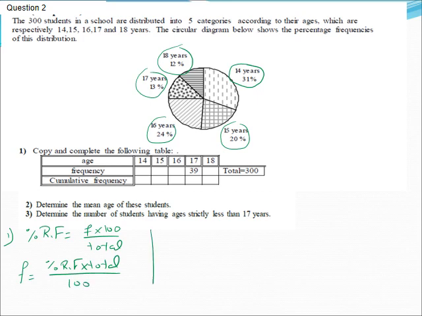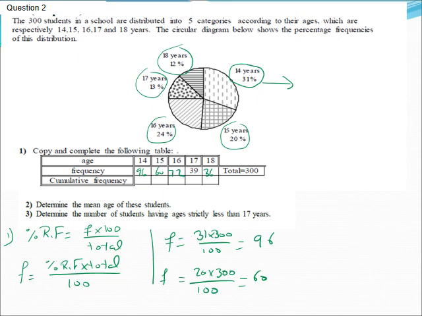For the first one, 14, 31%, frequency equals 31 times 300 total over 100, equal 93. For the second one, 15, it's 20 times 300 over 100, so it is 60, and so on for all. 72, and here 39, and here 36.